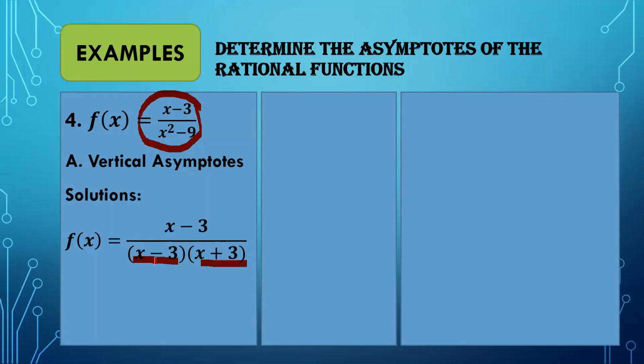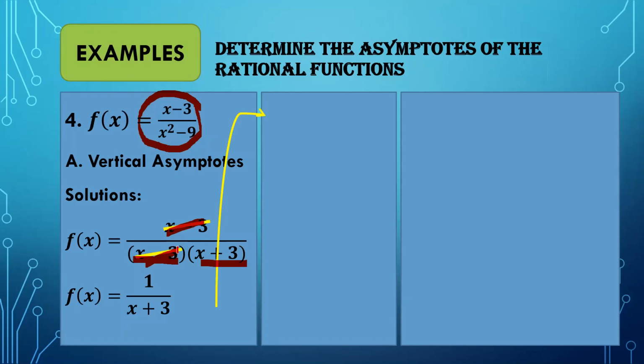If you multiply x minus 3 times x plus 3, the result will be x squared minus 9. So we can factor it. Since we have x minus 3 in the numerator and x minus 3 in the denominator, we can cancel them. Therefore, f of x is equal to 1 over x plus 3.